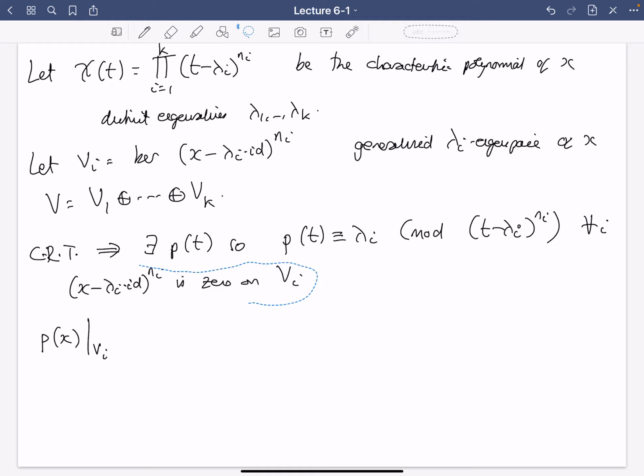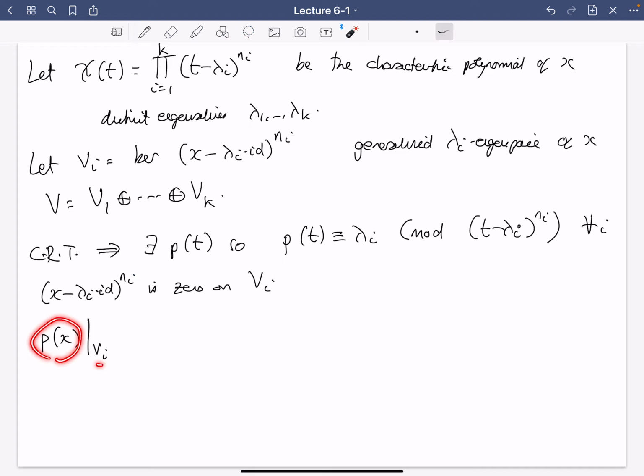Because that's exactly its kernel. That's the definition of that generalized eigenspace. So that means this polynomial restricted down to Vi just evaluates to lambda i times the identity on Vi. So p of x is exactly xs, as I wanted.